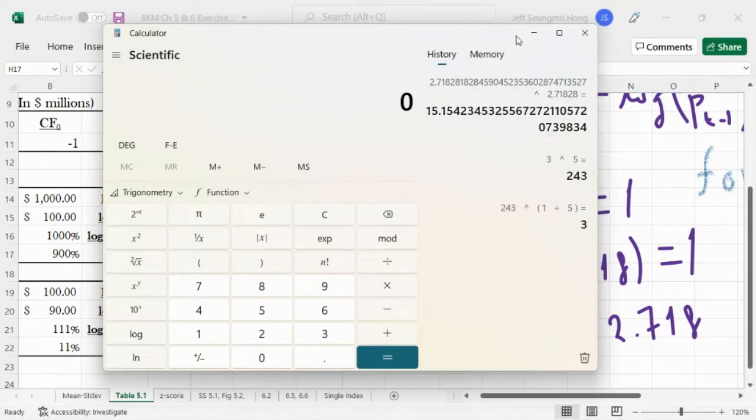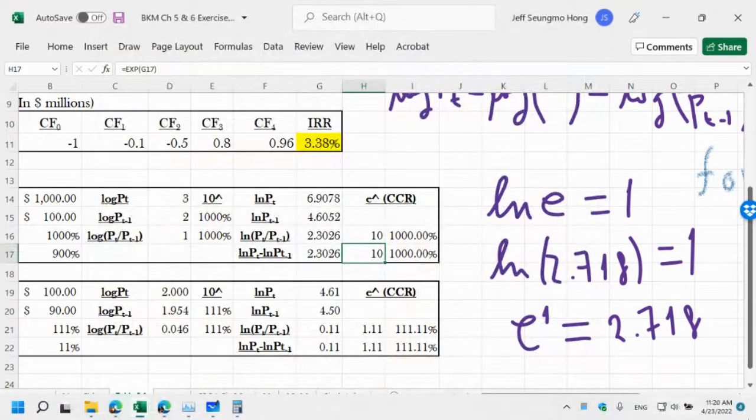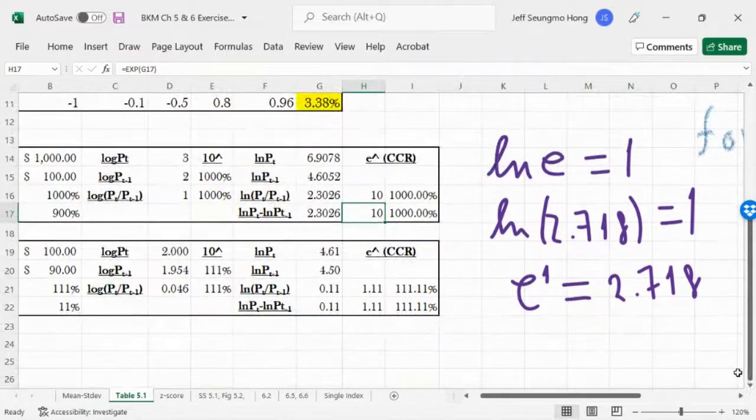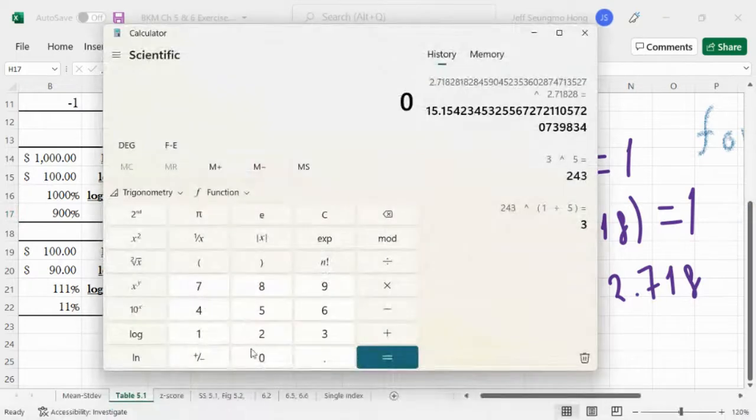So what I was trying to say is, if you take natural log of 2.718, it will be 1. And if you take natural log of 1, you will get 2.718. So let's see.